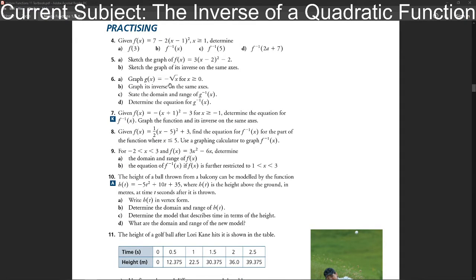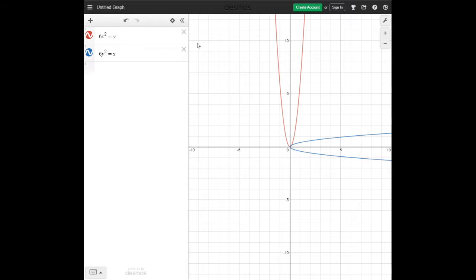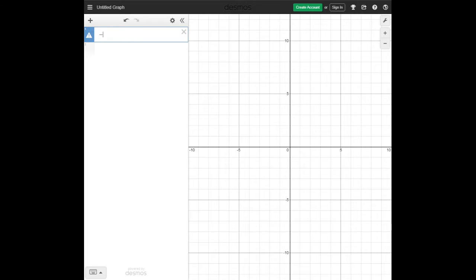Graph negative root x for x greater than 0. Let's see what happens when we graph that. How do we do a square root symbol on the keyboard?